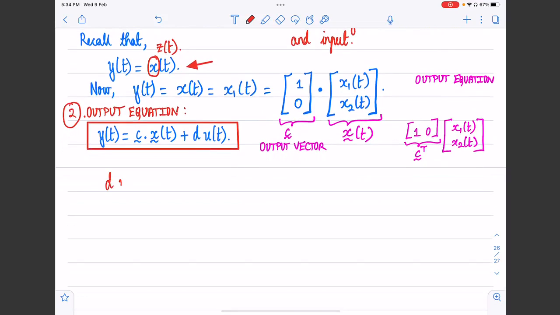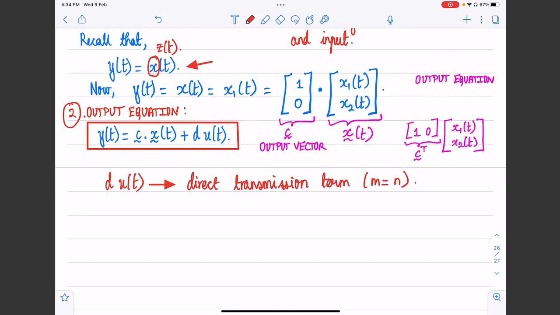The D u term, which we don't see in this example, is called a direct transmission term. Why is it called that? Because the input is directly contributing to the output, rather than going through the state variable. This comes into the picture only when m is equal to n.